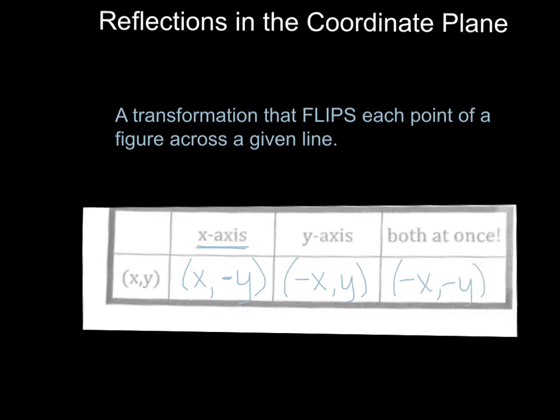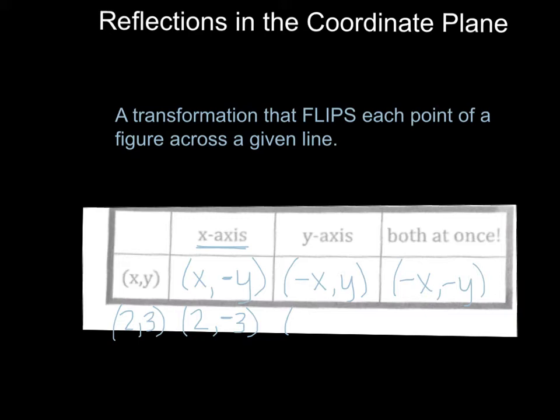So this is what it would look like. Let's say the ordered pair was 2, 3. If I flip it over the x-axis, the x value, the 2, would stay the same, but the 3 would become the opposite. So the opposite of a positive 3 is a negative 3. If I flip that same 2, 3 ordered pair over the y-axis, the x would become the opposite.